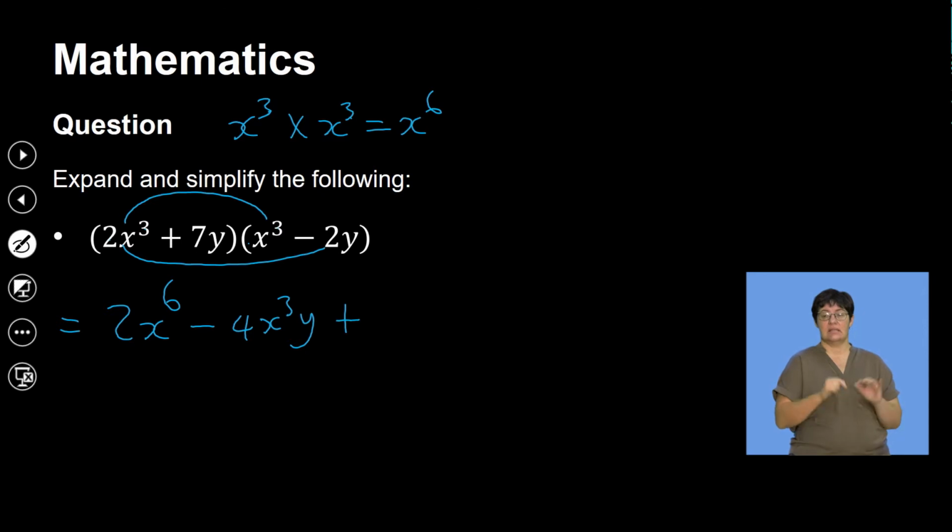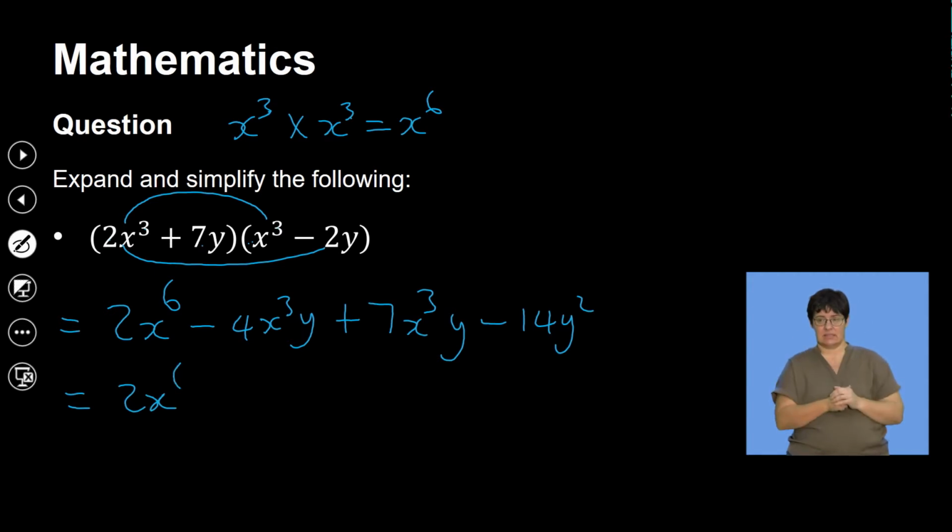Then plus the 7 multiplied by the 1, there will be 7x cubed y. And then lastly, it will be plus 7y multiplied by the minus 2y, which will give me negative 14y squared. Then this will then give me 2x to the exponent of 6.